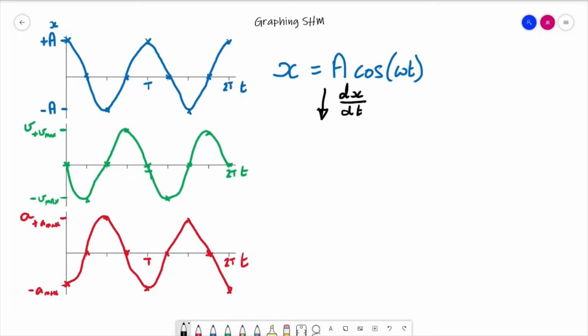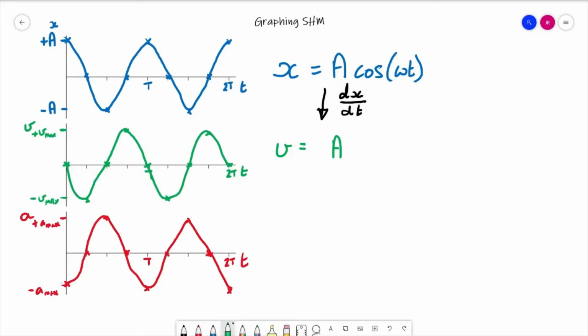From a maths point of view, we take the equation x is equal to A cos omega t and differentiate it with respect to time. Let's work through that then. So v will be, well, firstly, the amplitude is a constant, and therefore when we differentiate, that's left alone.